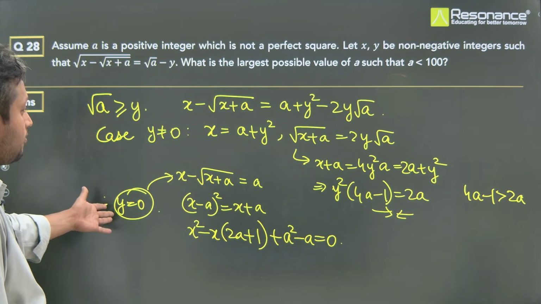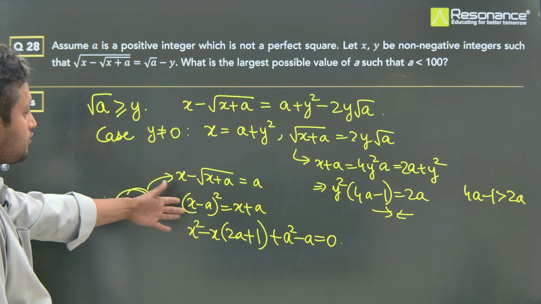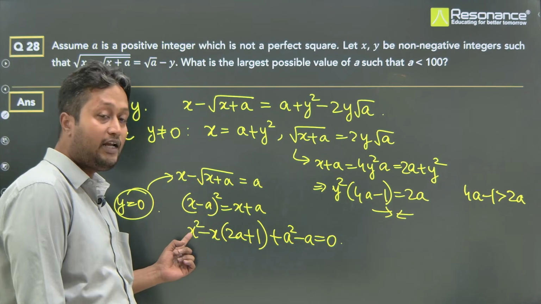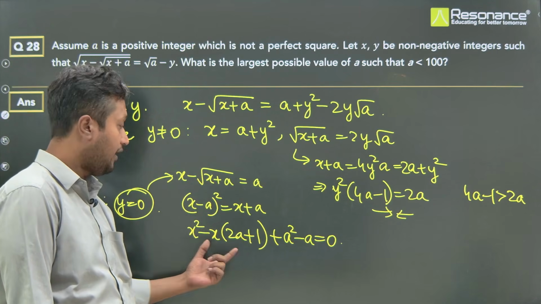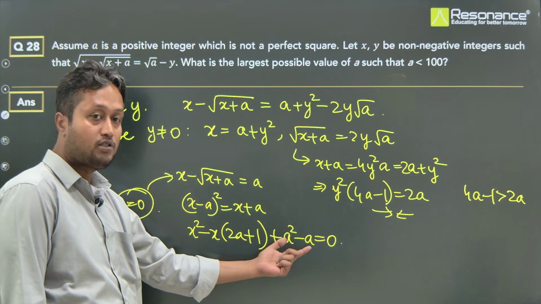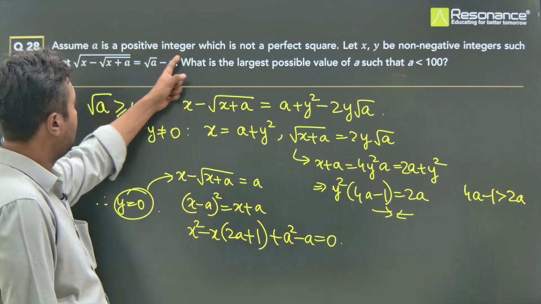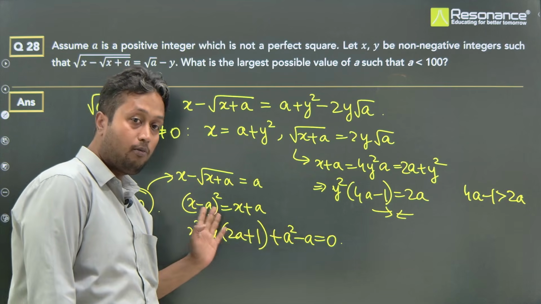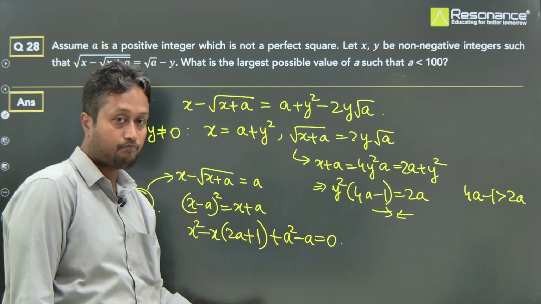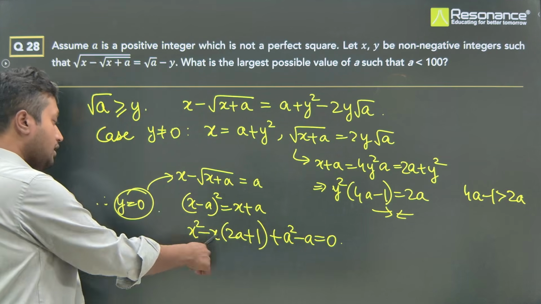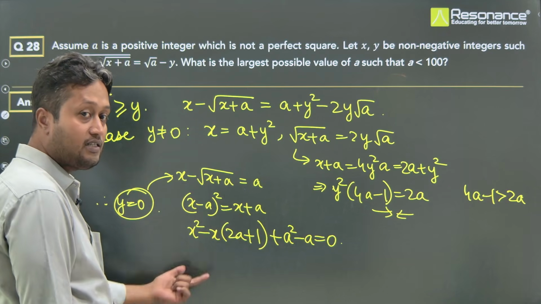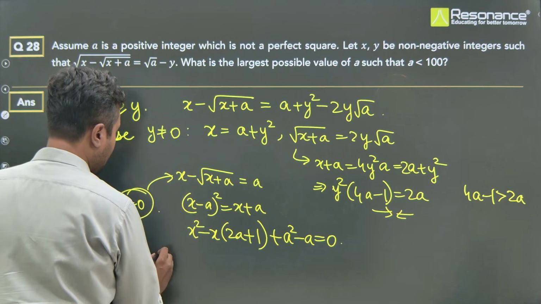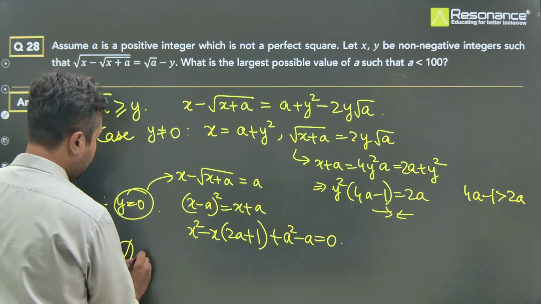So y has to be equal to 0, and then x has to satisfy this equation. Let's think about that. It's a monic quadratic. The leading coefficient is 1. The sum of roots and product of roots are both integers. You want x to be a non-negative integer, which means both the roots will have to be integers, right? Because sum of roots is an integer, and if x is an integer, then the other root should also be an integer. So the criterion for that is the discriminant must be a perfect square.